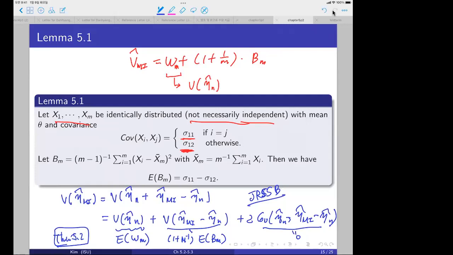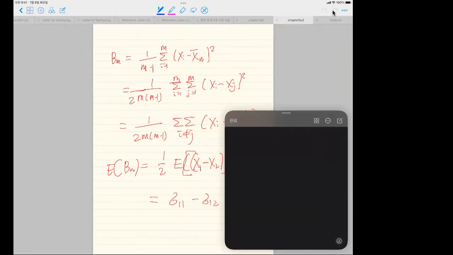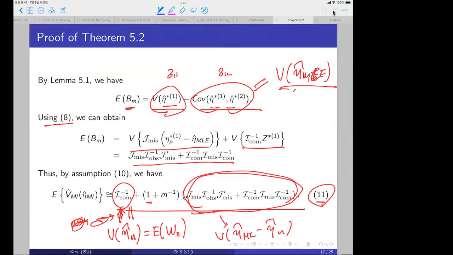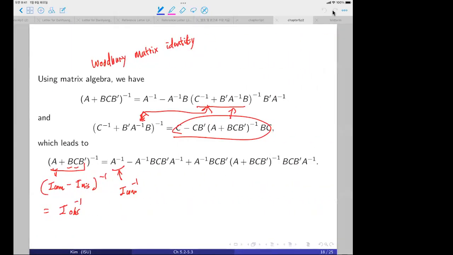So I first spent a lot of time persuading Dr. Fuller to understand why multiple imputation has some problem, and then we started writing the paper. So anyway, we cannot really trust someone just by the name, right?